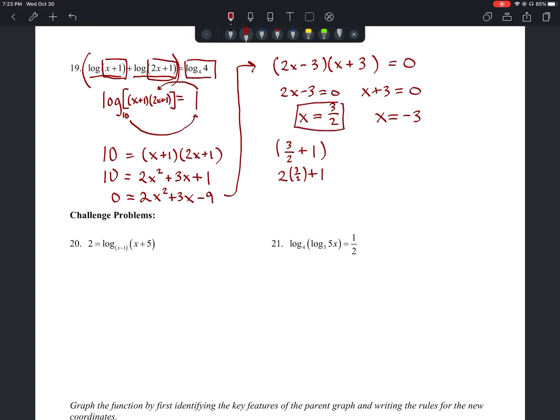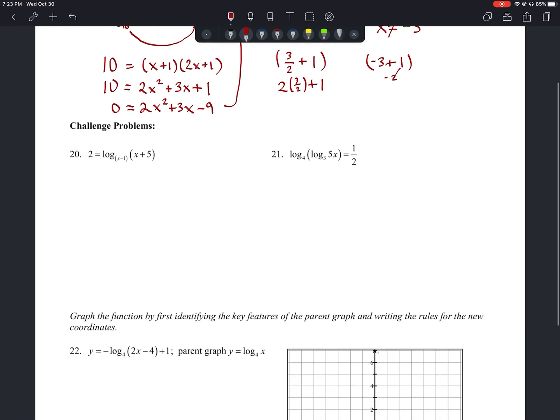We'll keep that. When we plug in negative 3, though, we get negative 3 plus 1 inside those parentheses, which is a negative 2. That's not going to work for us. So we can go ahead and toss that one out. We don't even have to do the second one. If it doesn't work in one, it doesn't matter. So now we've got x is equal to 3 halves or 1 1/2, however you want to write it down.